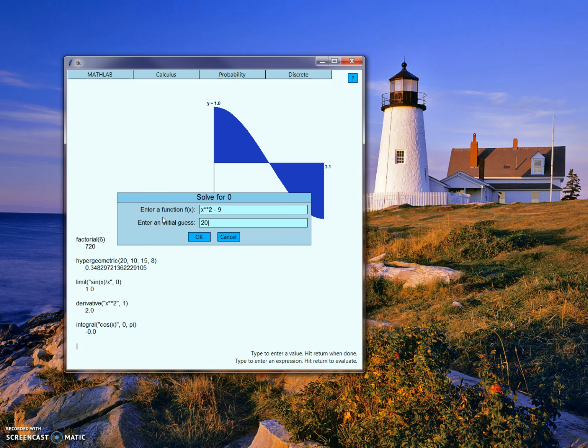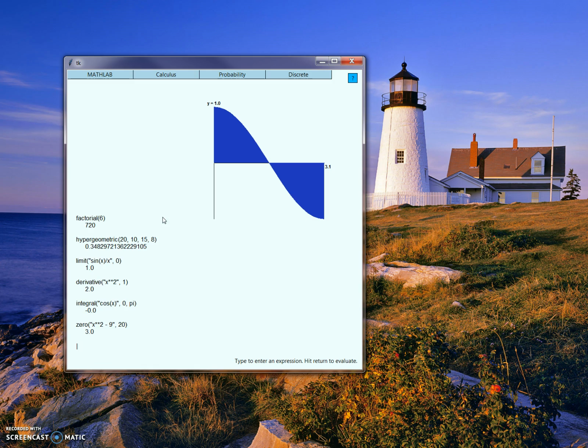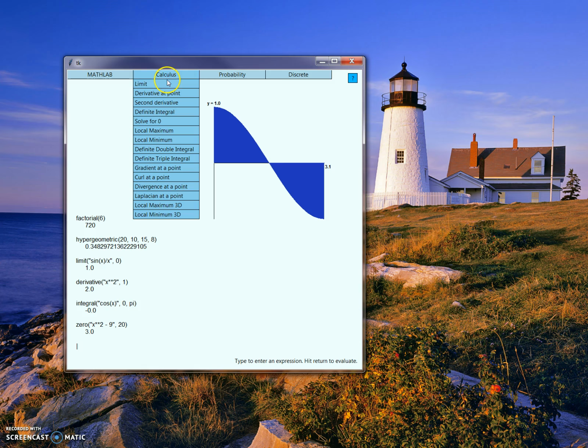Since our initial guess is on the positive side of things, it's going to come out to 3. So we press enter, and we find out that it does come out to 3. Now the solve for 0 function actually uses an algorithm called Newton's method, which utilizes calculus, and hence is why this feature is under the calculus mode.